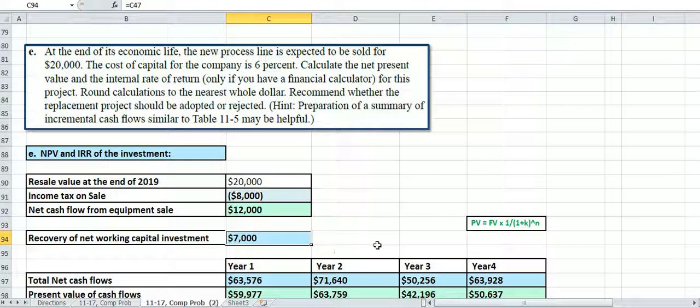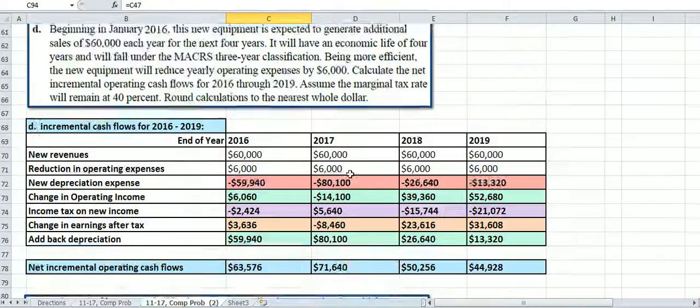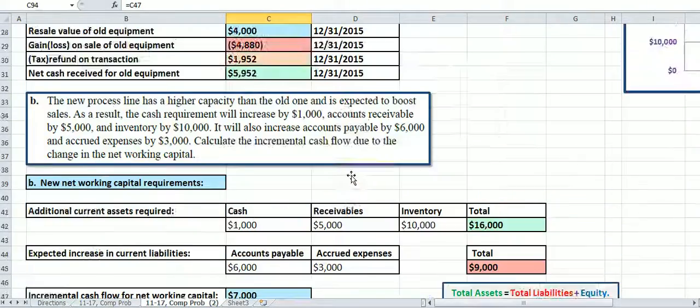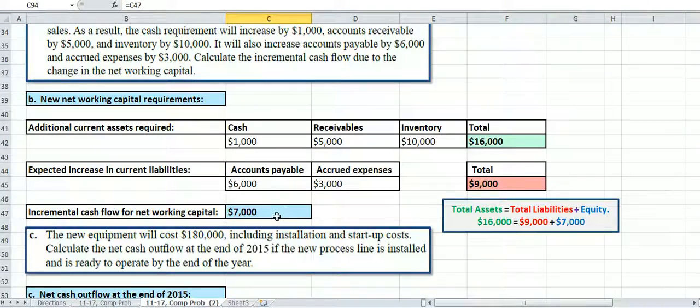Now here's where we have to actually add back in. We're going to do what's called recover our net working capital investment. So if you remember, when we were way back up here, we had to borrow an additional $7,000 right here in order to make our increase in total liabilities the same as our increase in total assets, because that equality right here has to hold.